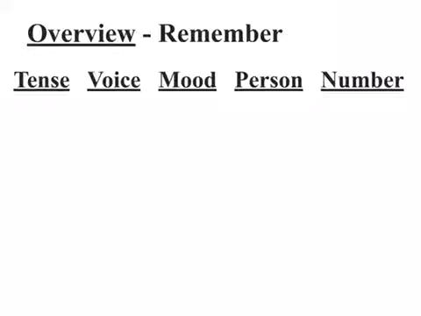And if you remember this, tense, voice, mood, person, number, these are the parts of a verb that you need to be able to recognize. What would fall under a tense? Present. Past. Not past.